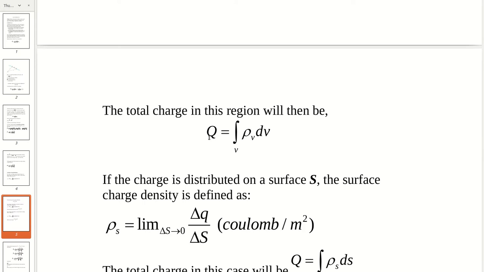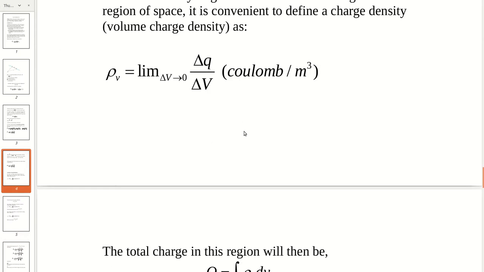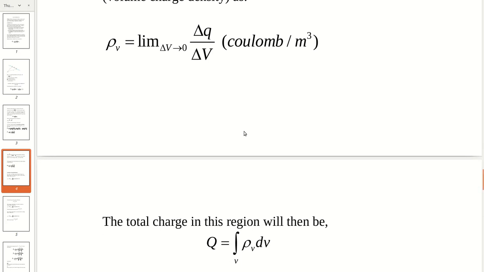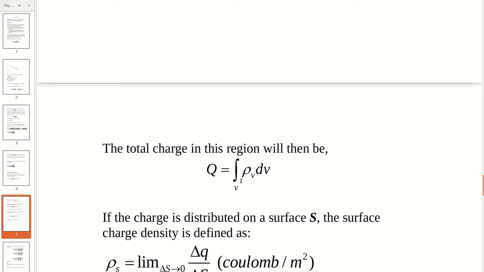You take a very small part of the wire; the wire is cylindrical, so it has a very small area and a length. So we take the integration over rho v delta v.